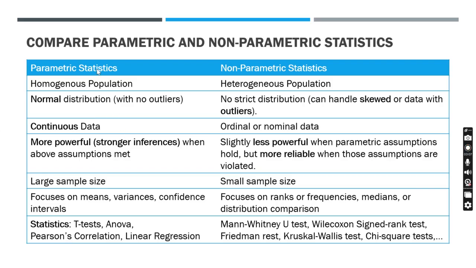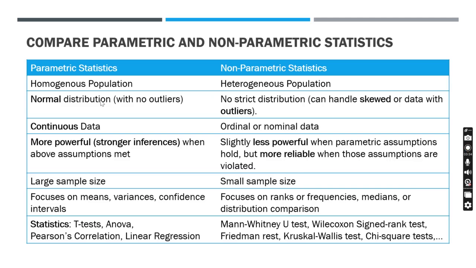Parametric statistics are very powerful, and they give us very strong results when the assumptions are true. If we have a normal distribution and continuous data, the parametric statistic is the most powerful. But if these assumptions are not met, then we have to rely on non-parametric statistics.